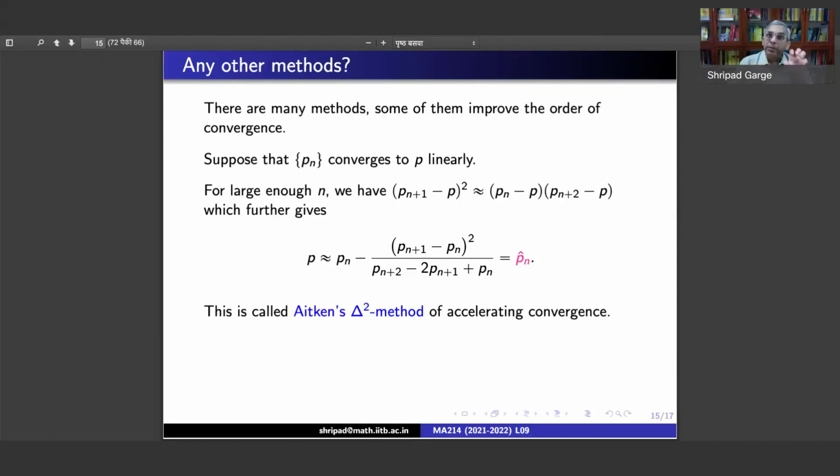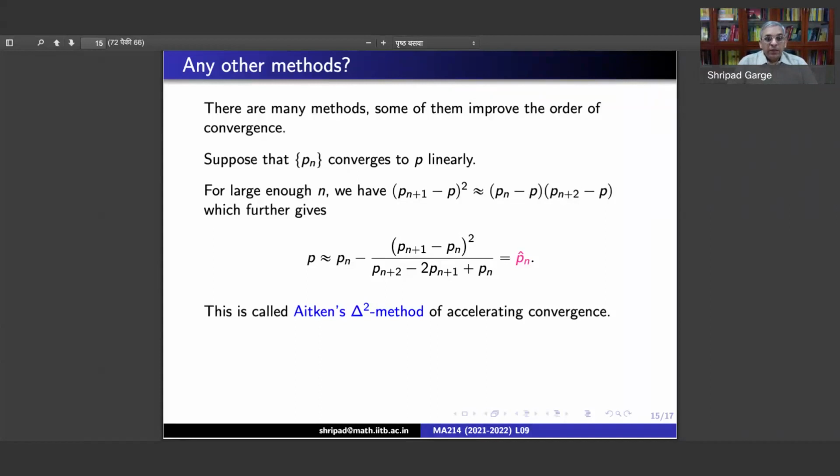That is Pn plus 2 minus Pn plus 1, minus Pn plus 1 minus Pn, which gives you Pn plus 2 minus 2 Pn plus 1 plus Pn. This is Aitken's delta square method of accelerating convergence.